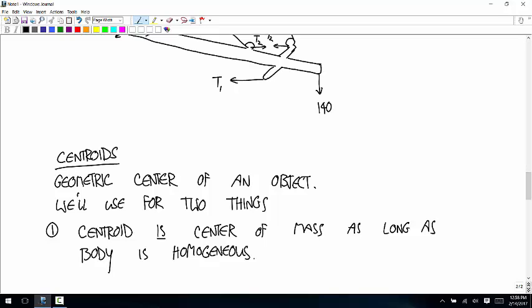So if you have a disc made out of steel, the whole thing's steel, that's homogeneous. If you have a disc that's steel on this side and wood on this side, that's not homogeneous. But as long as the composition's the same at every location, the centroid is the center of mass. And then the center of mass is useful to calculate because the weight, you can always treat the weight like the whole thing is applied at the center of mass.